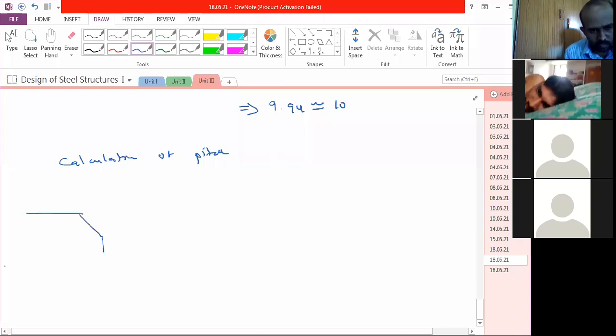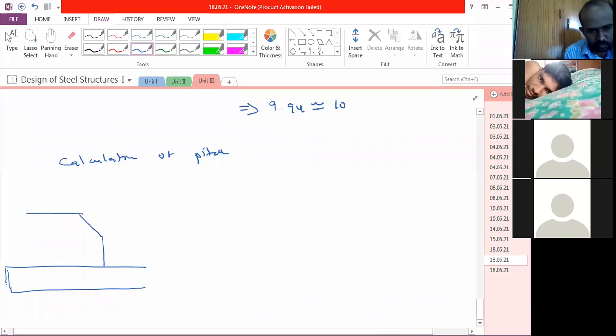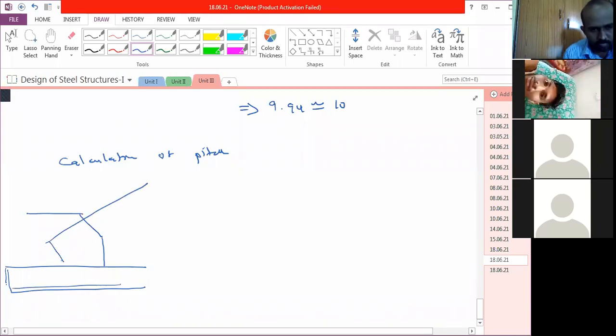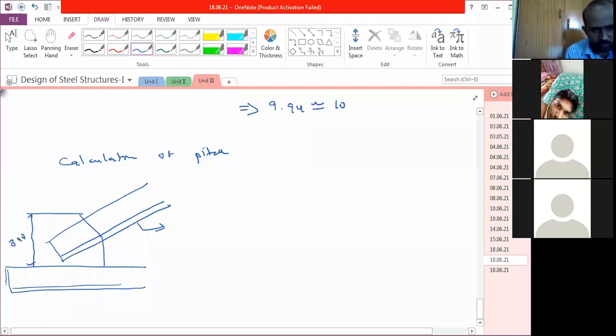Suppose this is one angle, and some other angle is connected here. This is a tension member we are designing. But they are giving us a limitation on this length of 340 mm. So that we are going to check in the calculation of pitch distance.